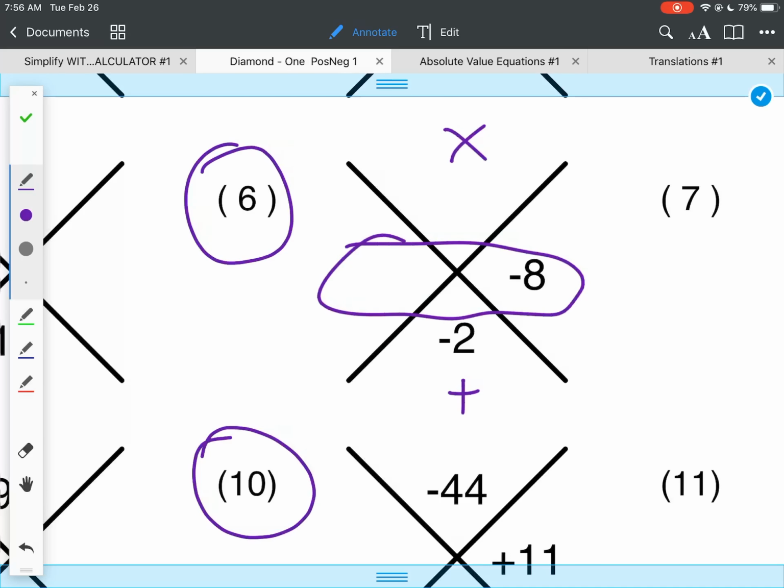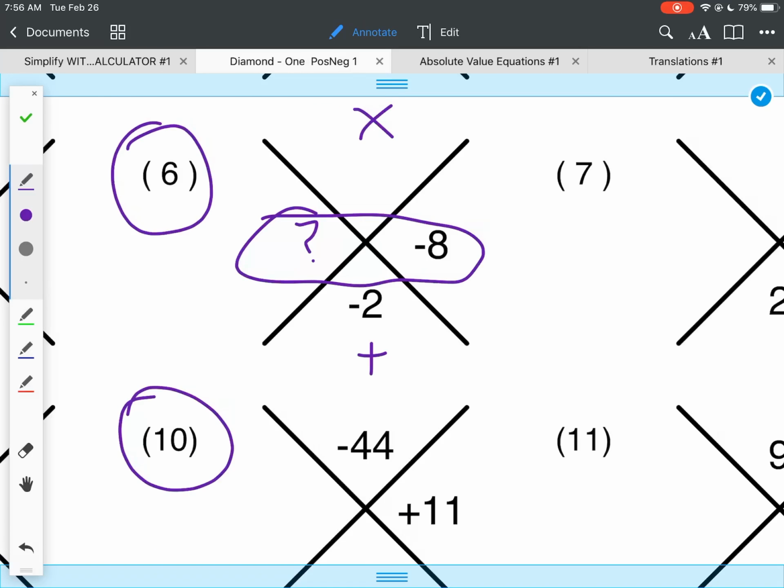Okay, so we're missing this number here, so we've got to figure that number out first based on what we're given. We have the negative 2 on the bottom, we have the negative 8 on the side. So the negative 2 is the sum of some number plus negative 8.